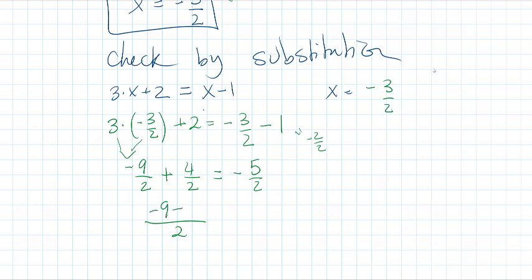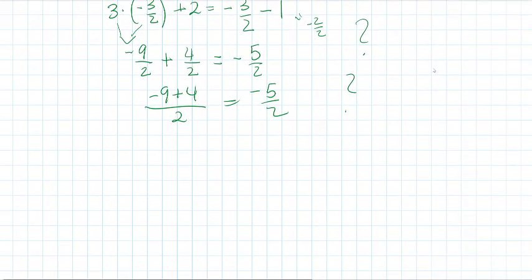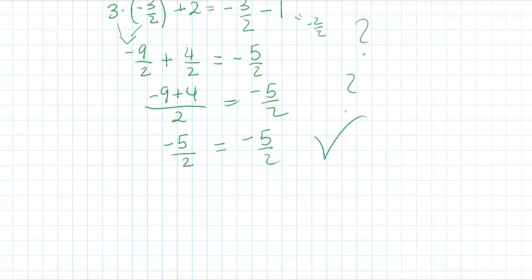We have negative 9 plus 4 equals minus 5 halves. And we're still wondering if this is correct. We're checking. Now negative 9 plus 4 is just negative 5 halves, and that equals negative 5 halves. So indeed, we solved our problem correctly. So we went through all the steps, and we checked our result.